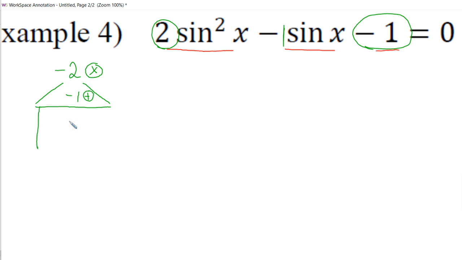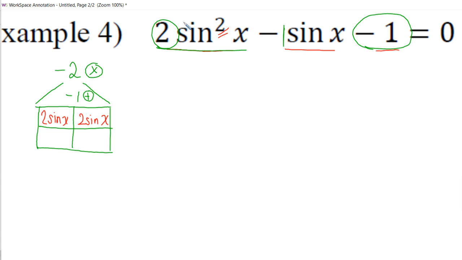Alright, now inside the house, on the top layer of the house, we always put the first term twice. So we'll put 2 sine x and 2 sine x. And the way that you guys explained it was that you put them there twice because of the squared.